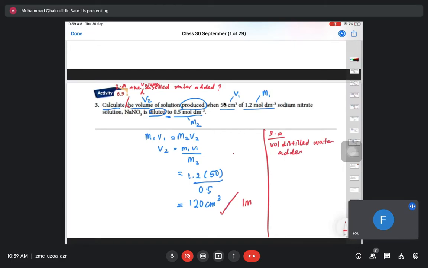Good job. So you understand. Distilled water added is 120 minus the before volume 50, and the distilled water added is 70 centimeter cube. Good.